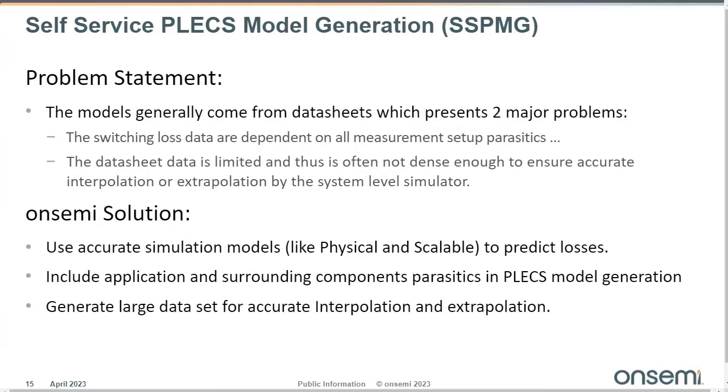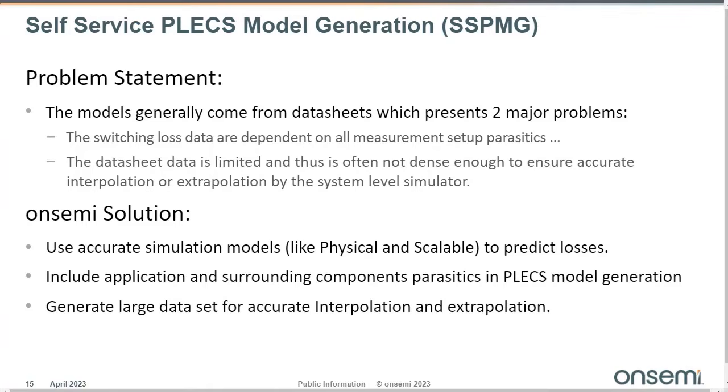So onsemi came with a solution for that. It's based on our physical and scalable modeling that I have introduced, that is very accurate and already contains the SiC equations. We have included in that model generator the ability for you to describe the surroundings. For example, the quality of the switching inductor you are using, because when we do the datasheet, we try to use a very good inductor.